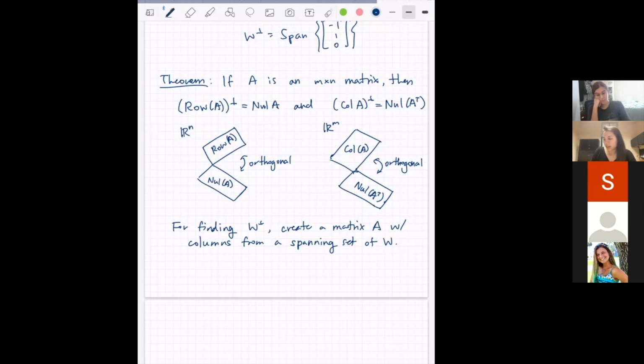Then you can solve the homogeneous equation for A transpose. So you have to first take the transpose and then look at the homogeneous equation. The null space of A transpose is going to be your W perp.